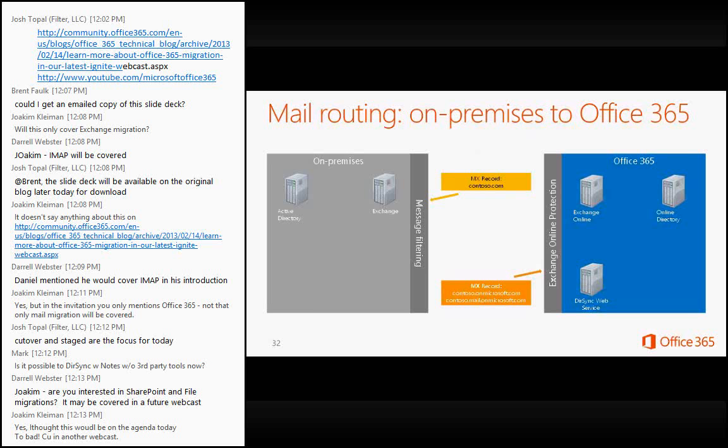Again, your MX record is still currently pointing to your on-premise Exchange organization, but you now have some users in the cloud and some users on-prem. This could either be a hybrid or the staged migration. So we can see the different attributes and object types depending on where you're located.